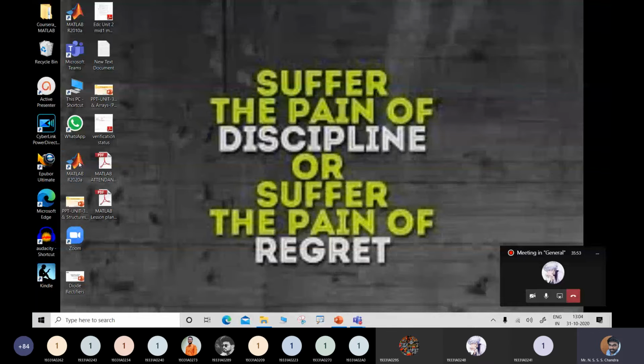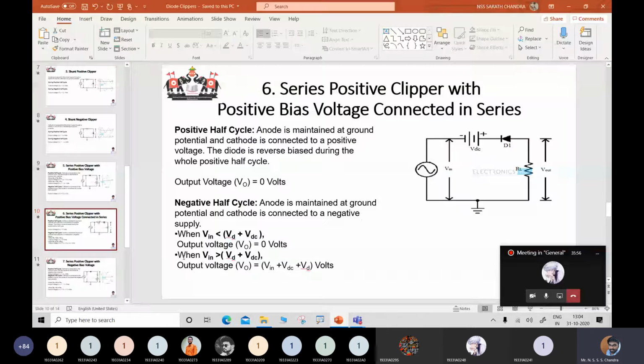Okay, so I shall show you the simulation circuit at once. So we shall move on to the next circuit, circuit number 7.